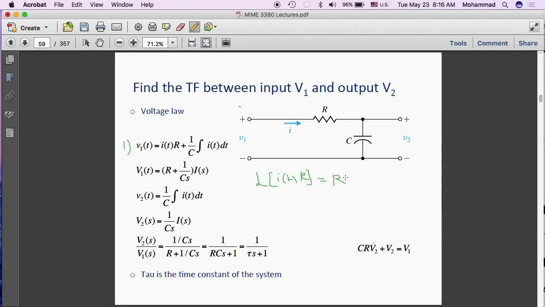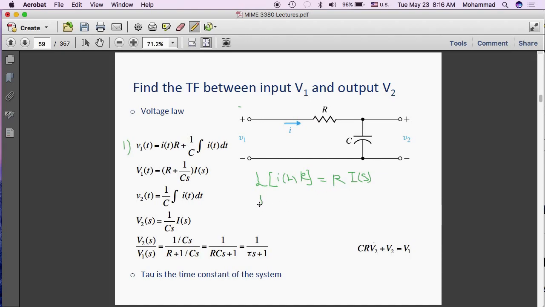We don't know if it is a constant, a ramp, a sinus, it could be anything. So whatever I is, we are going to find its Laplace transform, but we don't know what I is. So for now we are going to write it only as I of s. We are simply saying we went to Laplace domain. We are no longer in time domain. So that's the Laplace transform of the first one.